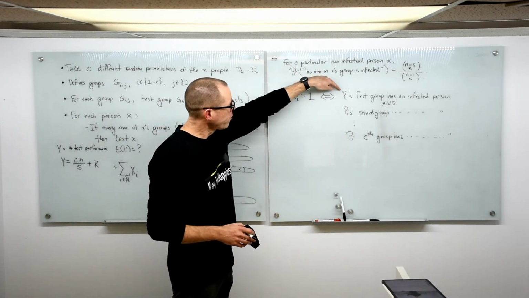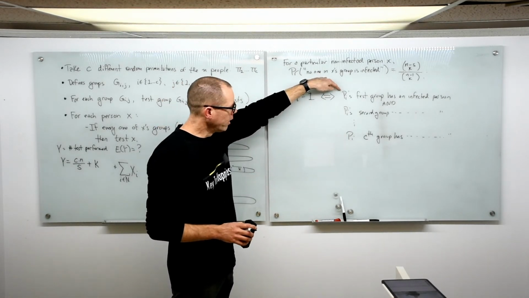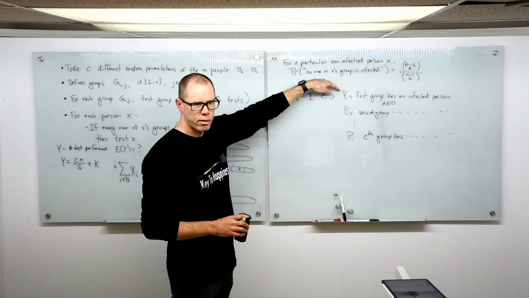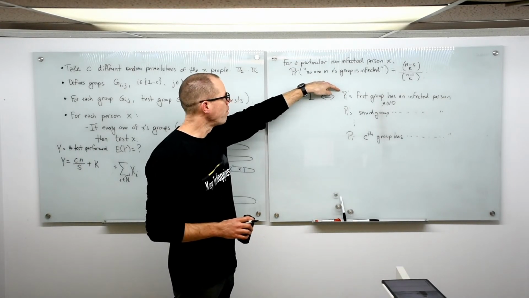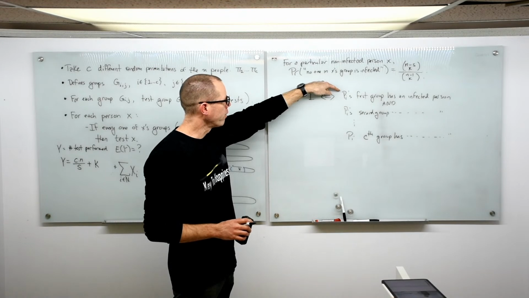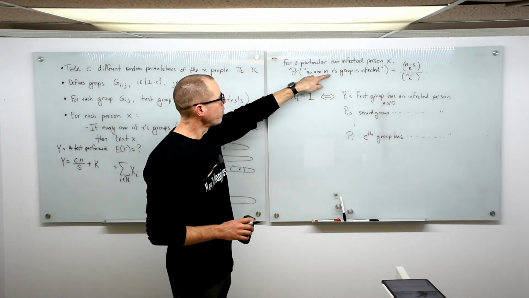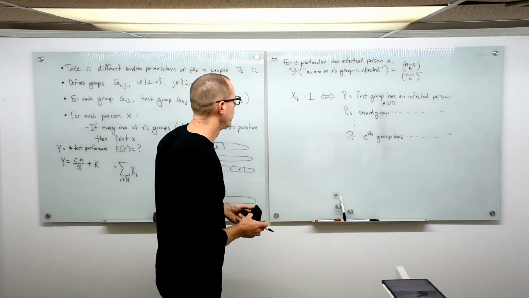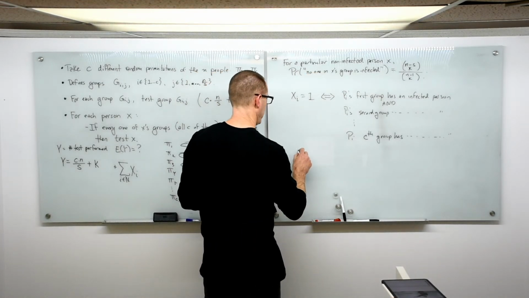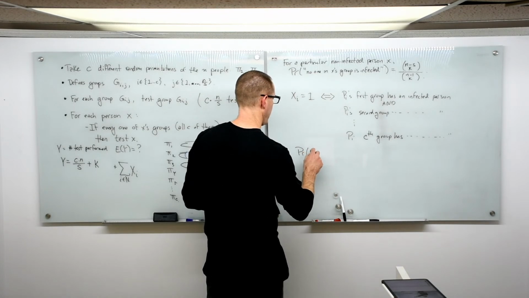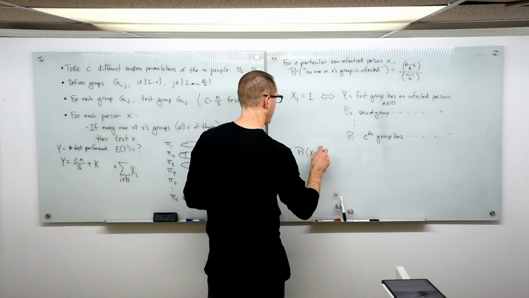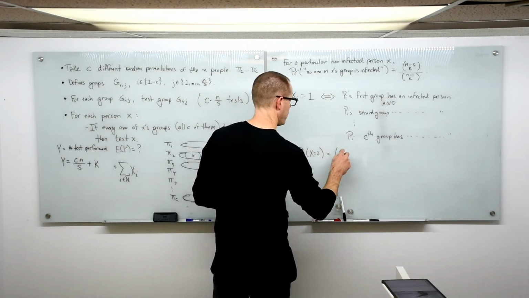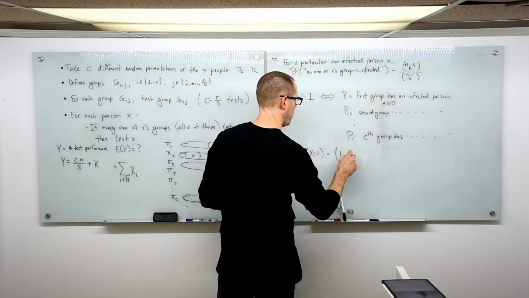Now, pi's first group as an infected person, that's what we just computed. That was this 1 minus probability of A, right? It's 1 minus the probability that no one's group is infected. So the probability that xi is equal to 1 is 1 minus this thing.